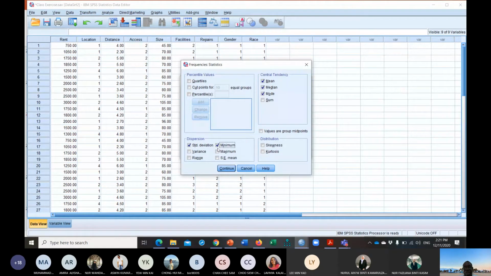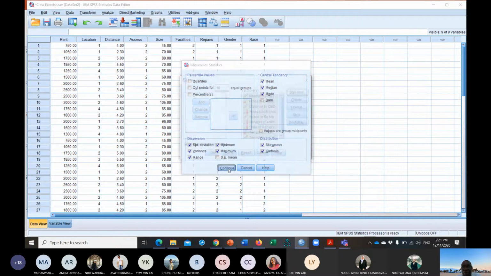As much as you select, SPSS will give them to us. Then, in terms of the distribution, we can use skewness and kurtosis to see whether our data are normally distributed or not, so we know which one is normally distributed and which one is not.